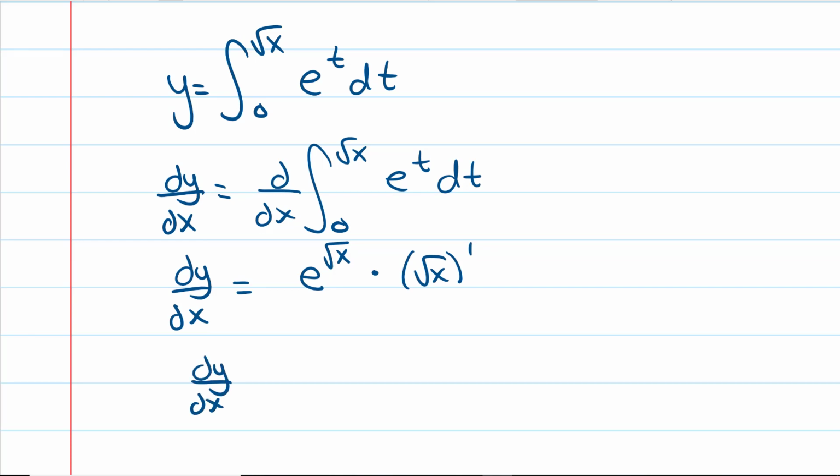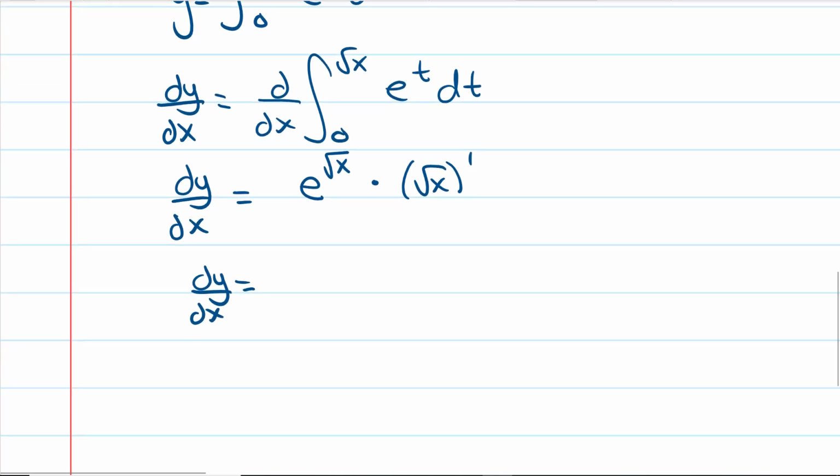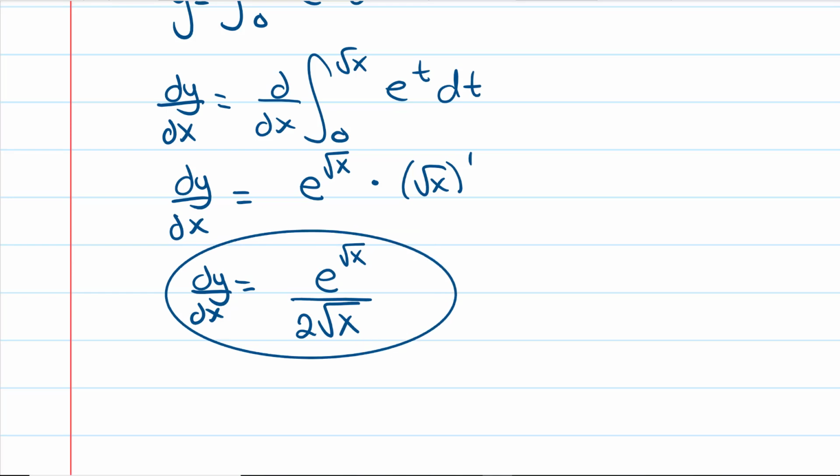So dy/dx is equal to e to the power of square root of x divided by 2 square root of x. If you're confused about where the 2 square root of x came from, that's from taking the derivative of the square root of x.